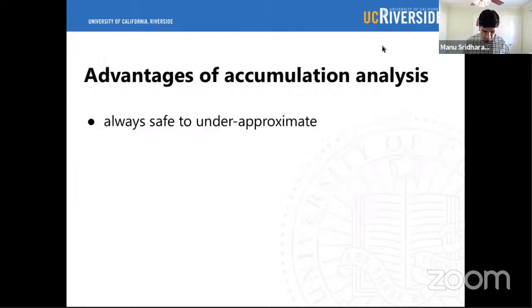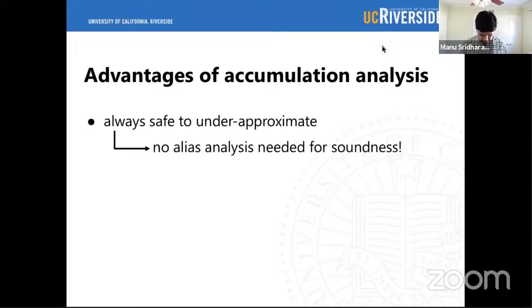So what are the advantages of accumulation analysis? Well, probably the most important advantage is that it's always safe and sound to under approximate. And in particular, you can completely under approximate your reasoning about aliasing. You don't need to do any alias analysis at all to build a sound accumulation analysis checker.